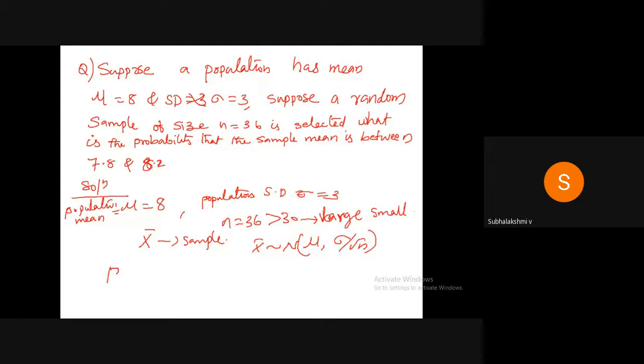Therefore, we can find the probability of 7.8 less than x bar less than 8.2, where x bar is the sample mean.